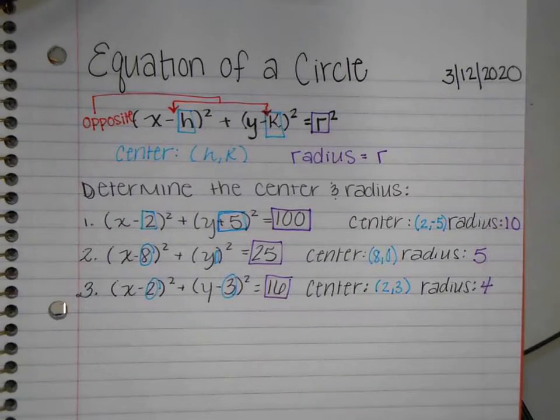So look at our equations of a circle. Notice they are found by factoring. It's completing the square. I don't know if you remember that from algebra, but this is a big algebra skill.